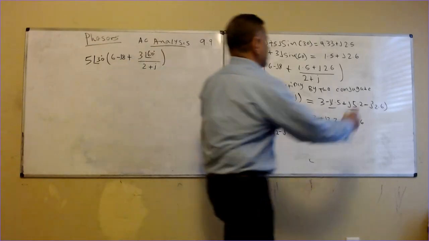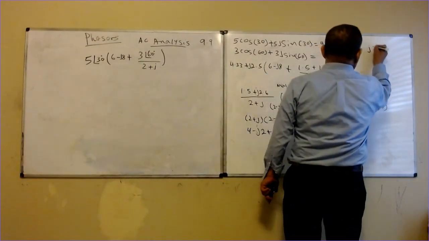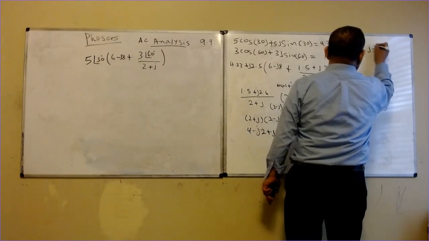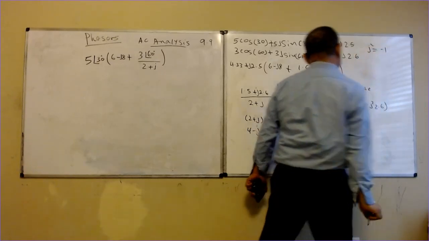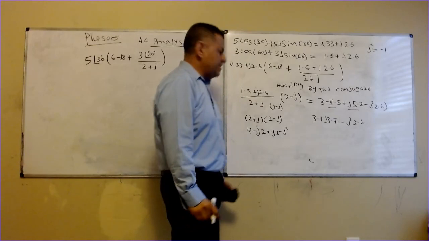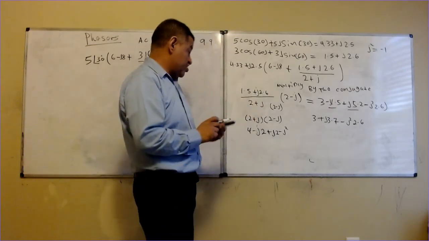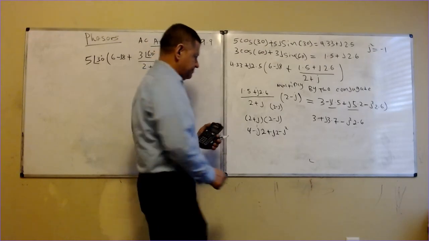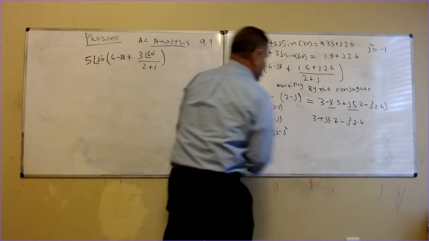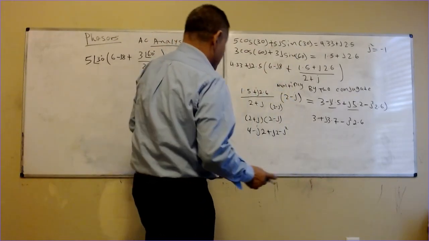Now, remember J squared is equal to -1 by definition of the imaginary numbers. In electrical engineering we use the J. We don't use the I.